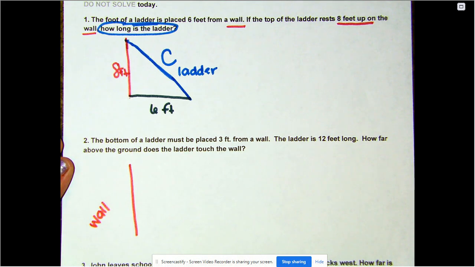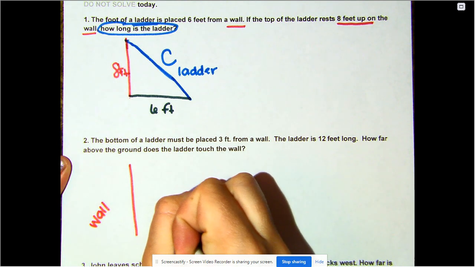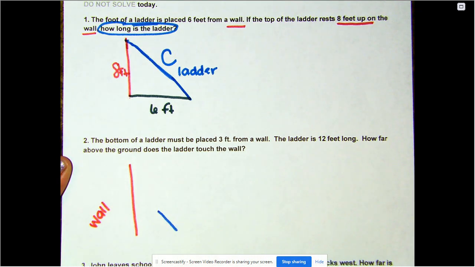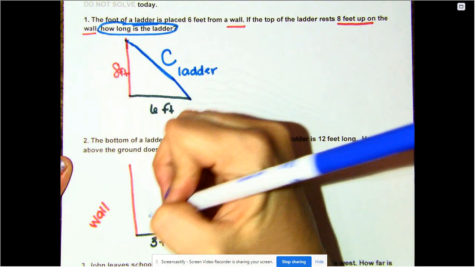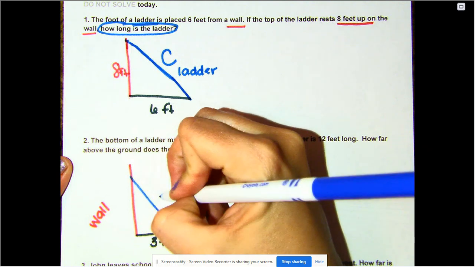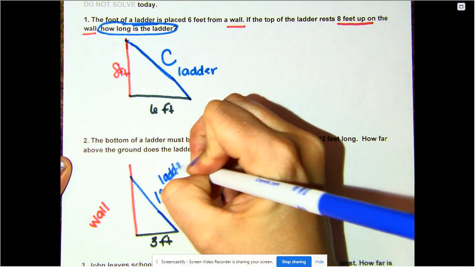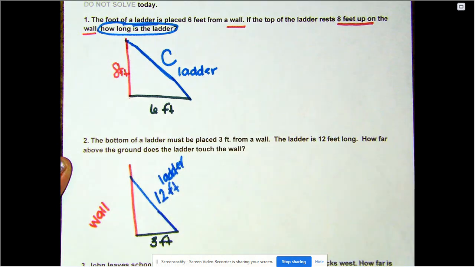The ladder must be placed 3 feet from the wall, so I'm going to add a little bit of a triangle there. The ladder is 12 feet long, so the ladder is going to go up on the wall, and the ladder part, this time, is 12 feet.